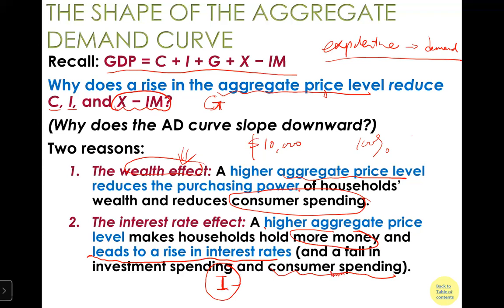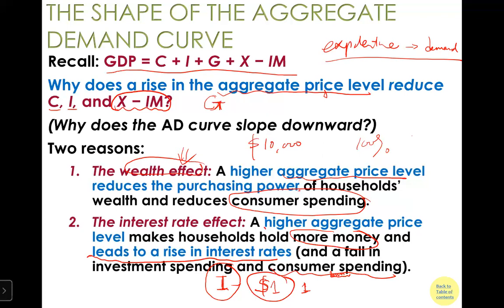This essentially says that if I postpone or delay my consumer spending, I can actually afford more. Let me give you an example. If the price of bottled water is $1, then if you consume this $1 today, you immediately get one bottle of water.